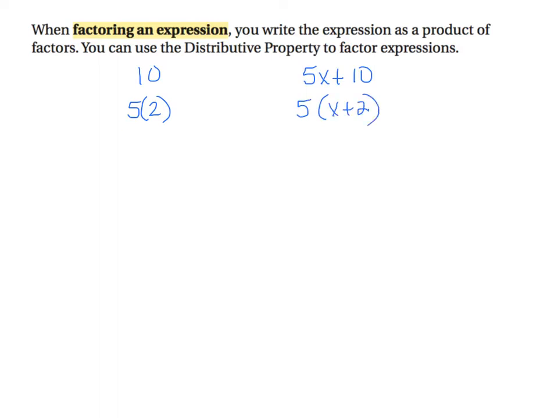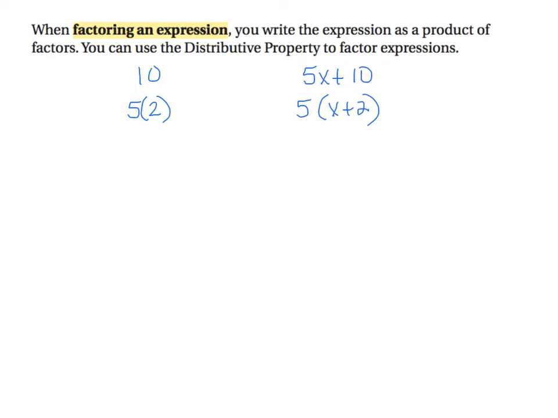Notice the same idea. Two expressions multiplied together to give you a simplified expression. 5 times 2 is 10. 5 times x plus 2 is 5x plus 10. This is called factoring an expression. You can write the expression as a product of factors, and you can use the distributive property to factor them.